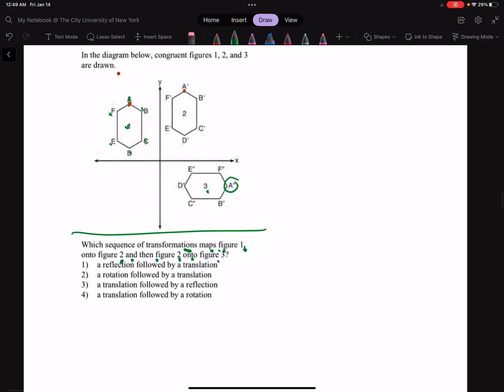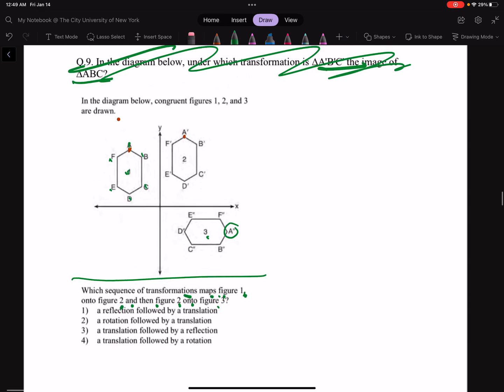So first we find that once this A becomes A prime, it transforms from this to this.